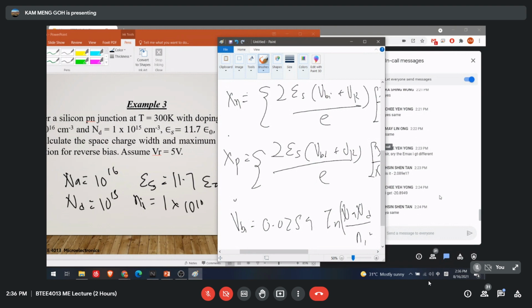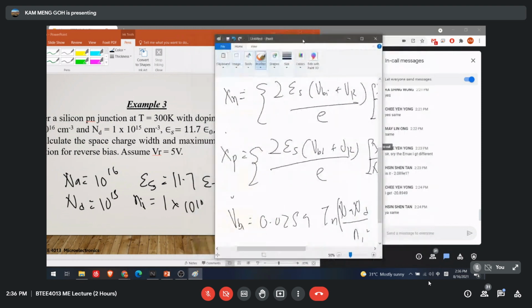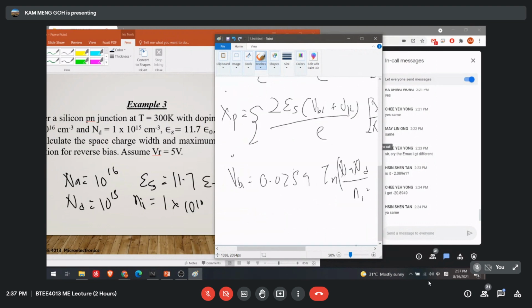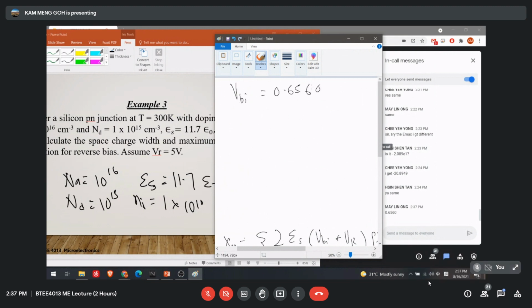Okay, what do you get for this VBI? Anyone? Or maybe what do you get for the VBI? VBI 0.6560. Then your SN and SP.